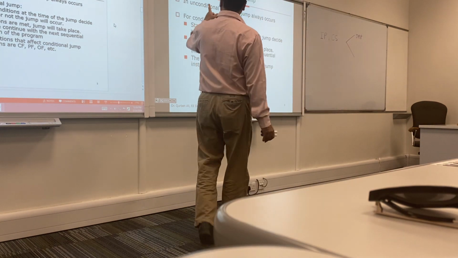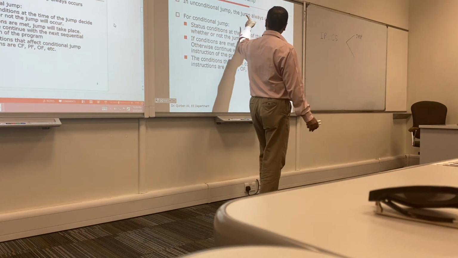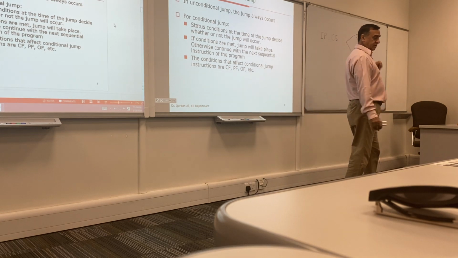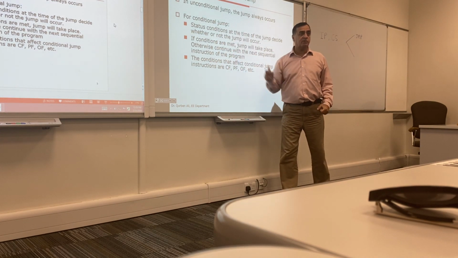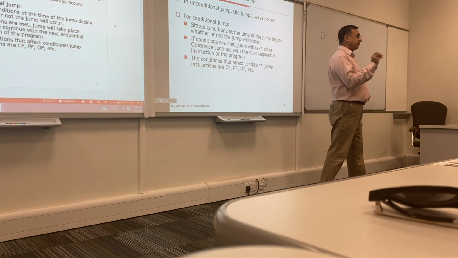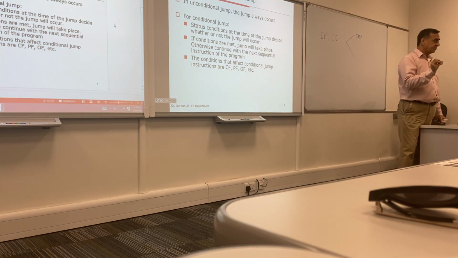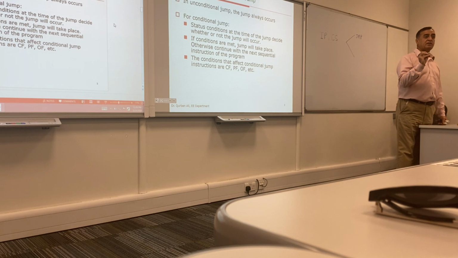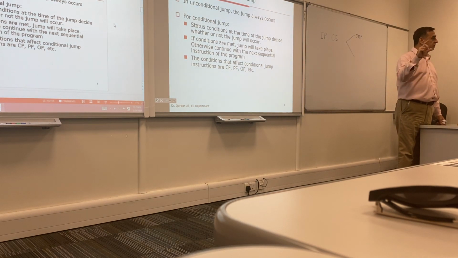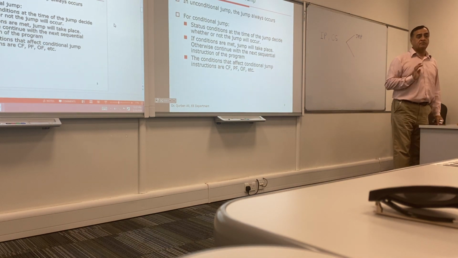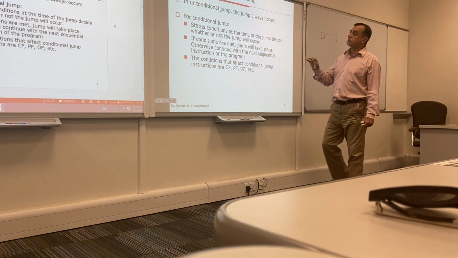So there are two types: unconditional, which means the jump will always take place. But there is a conditional jump where the microprocessor first will calculate the condition, to see if it is true or false. If it is true, jump. If it is false, do not jump. So that's why we have two types of jumps.